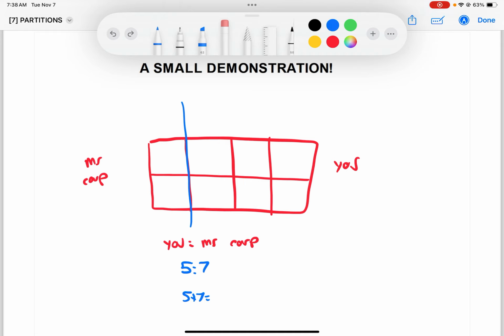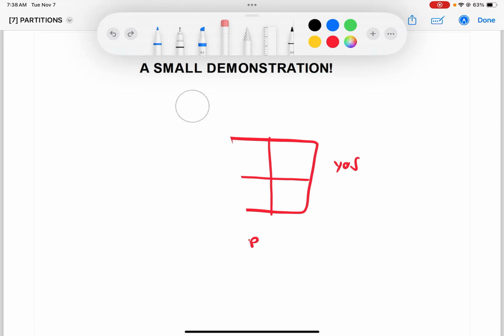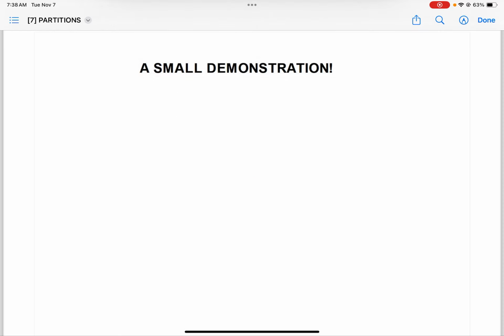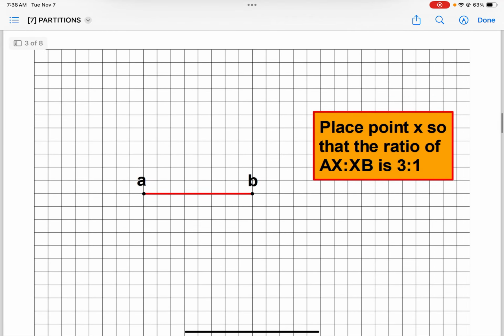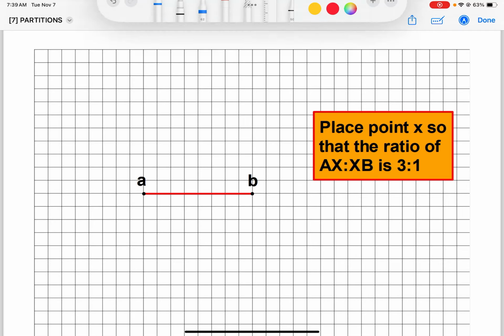So I use all this to segue us into our partition that would be more acceptable on a geometry level, which would be on a line segment, right? And we're going to start with a horizontal one and see how this translates into other partitions. We're going to place point X so that the ratio of AX to XB is 3-1, right?